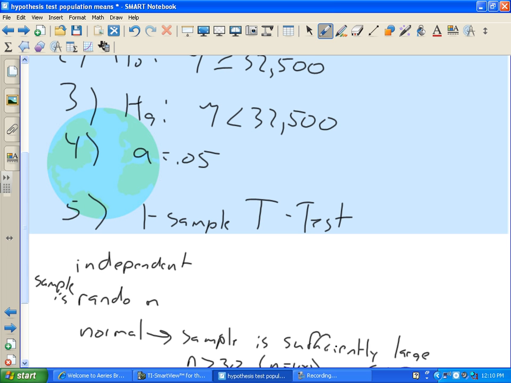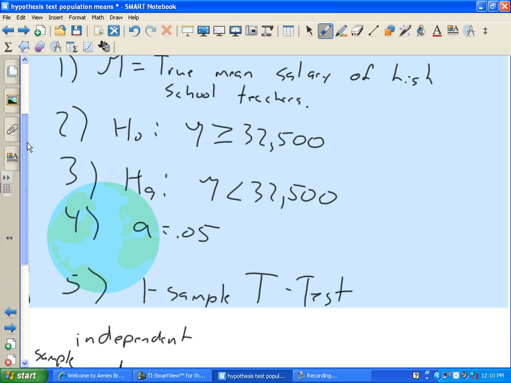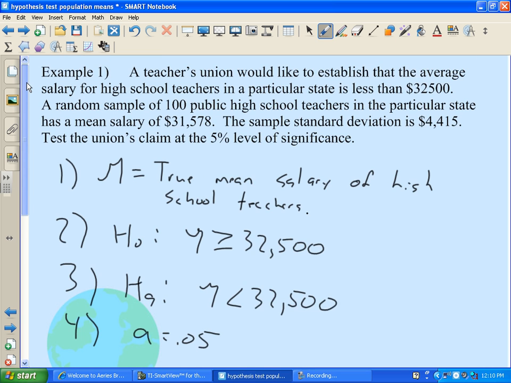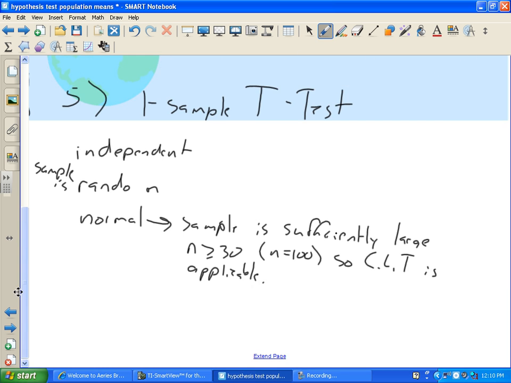Independent. We'll say that's definitely 100 is less than 10%. So independent, sample is less than 10% of high school teachers. Again, we've justified why we're using that one sample t-test.